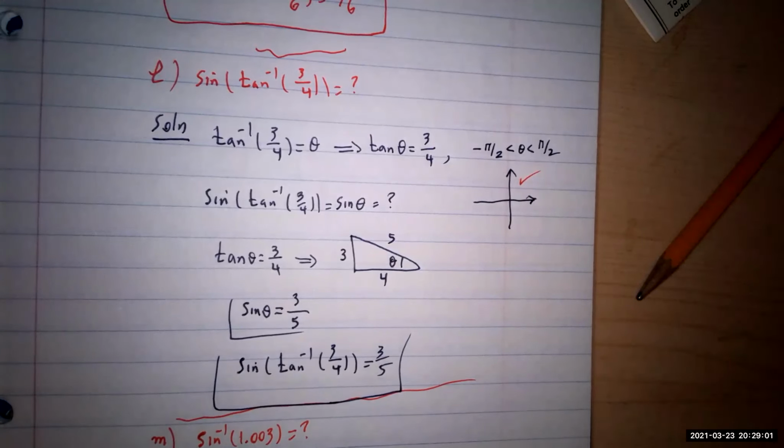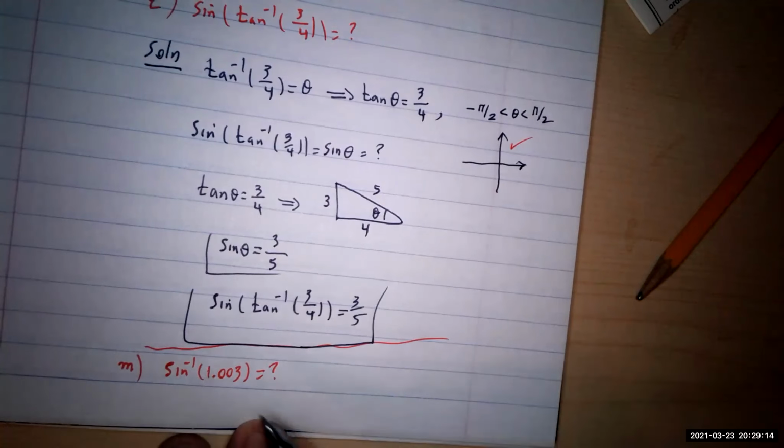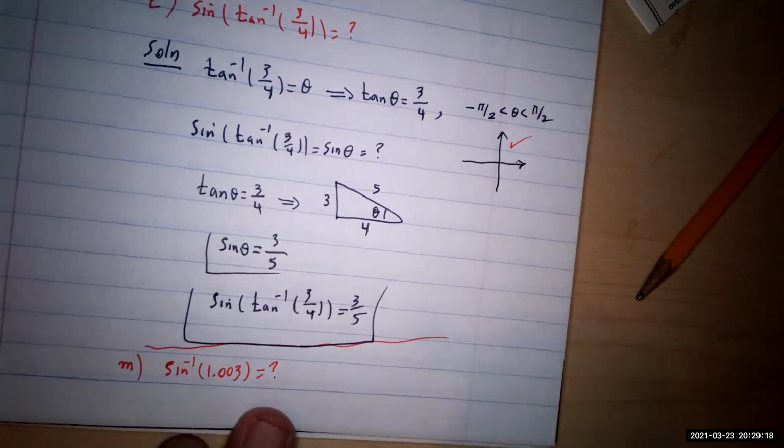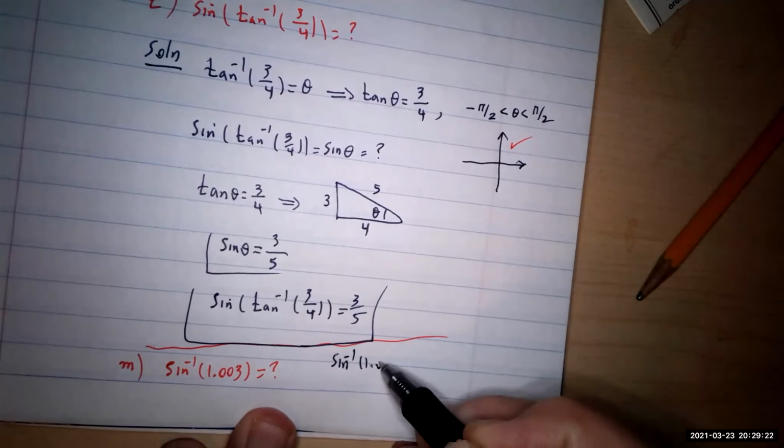Is it possible? From the calculator, no, you can't do it. You say it's not possible. It's greater than 1, right? Greater than 1, yes. So it's not possible. You can call it, if you like, sine inverse of 1.003.